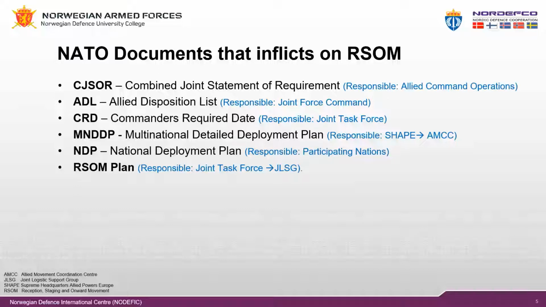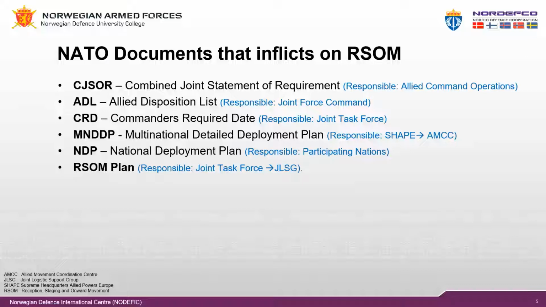Commander's required date is the Commander of Joint Task Force's requirement for when each unit on the Allied Disposition List should be ready to solve their tasks in the operation area. This list decides the order in which each unit is deployed in the strategic deployment, and the order the units are pushed through the reception, staging, and onward movement process.